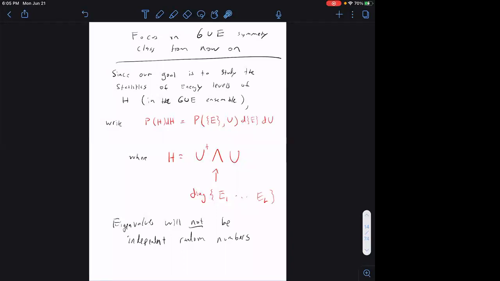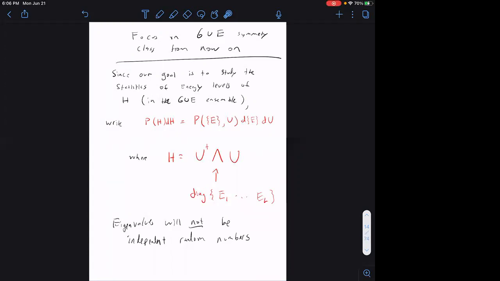The way we'll do this is we'll express our matrices H as diagonal matrices conjugated by some unitaries. Then we'll write this probability distribution for H as a probability distribution for the energies and this unitary matrix.